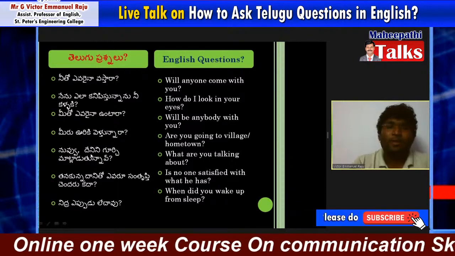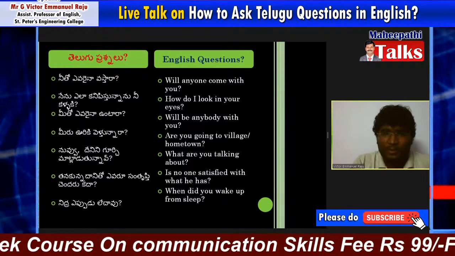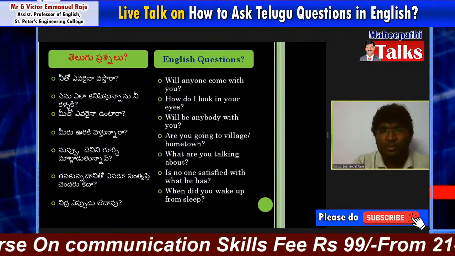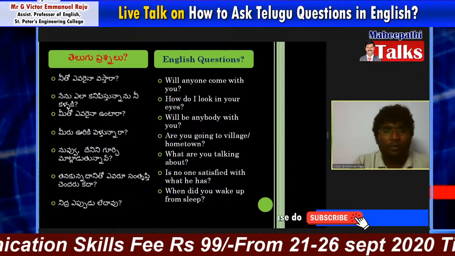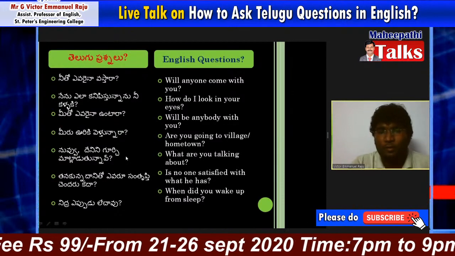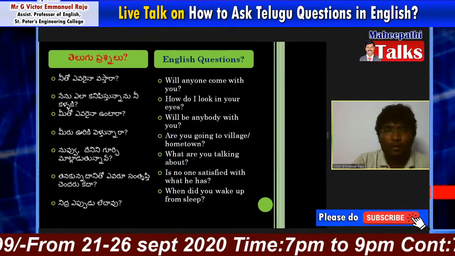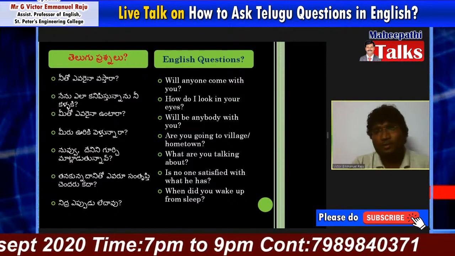And next, నువ్వు దేని గురించి మాట్లాడుతున్నావు? So what are we going to ask here? Nuvvu is you, denini is about, matladutunnavu is talking. Now how are people going to frame this one? "You talking about what?" This is how people are going to ask.